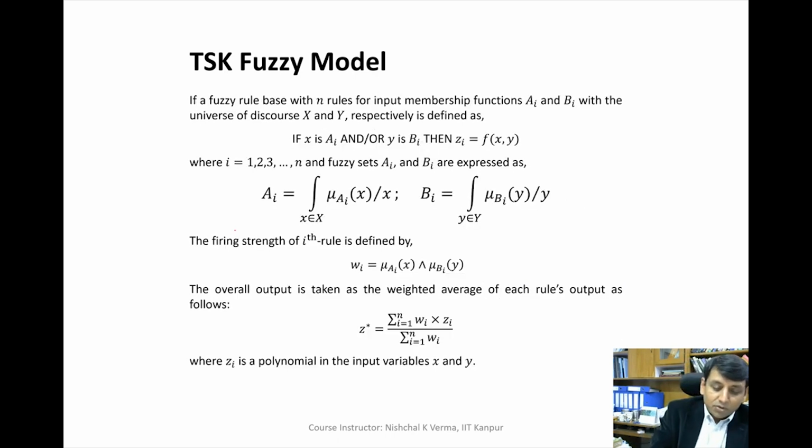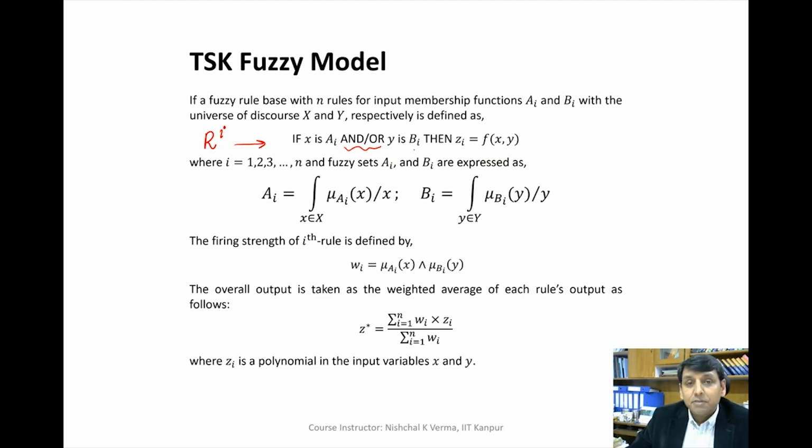Since we have a set of rules in the TSK model, let's say the ith rule will have the form: if x is Ai, where x is the input and Ai is the fuzzy region into which this x falls, and then we have the connective 'and', and then another input y, which is falling into Bi.